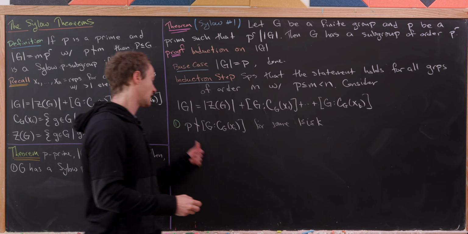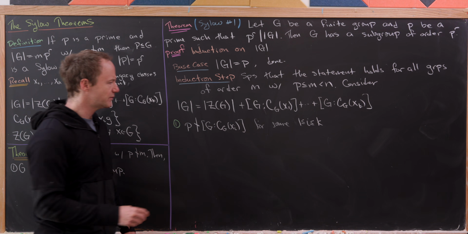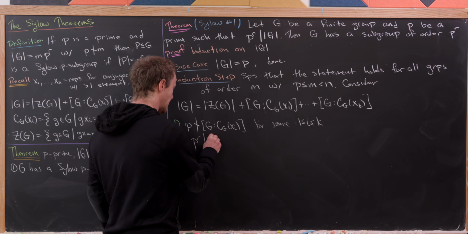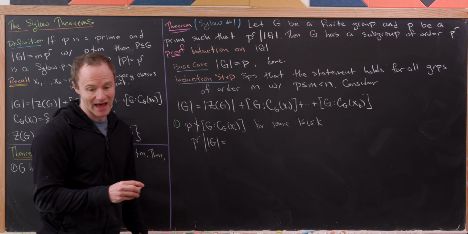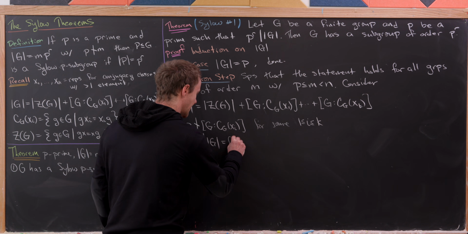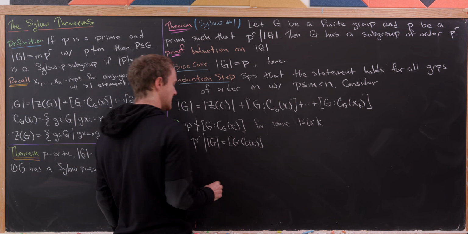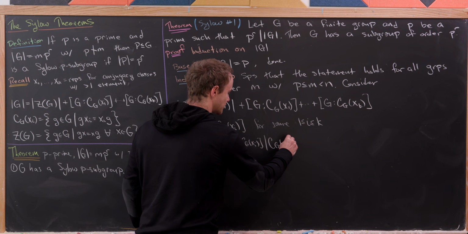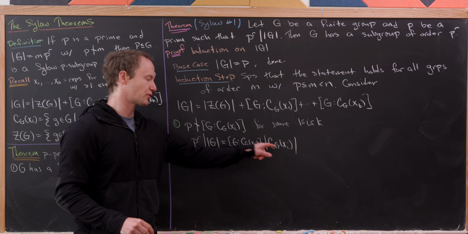Okay, so in other words, we've got p does not divide this index. But let's recall that p to the r divides the order of G, but then we can write the order of G as this index, so the index of the centralizer of xi in G, times the order of this centralizer subgroup. So p to the r divides this product.